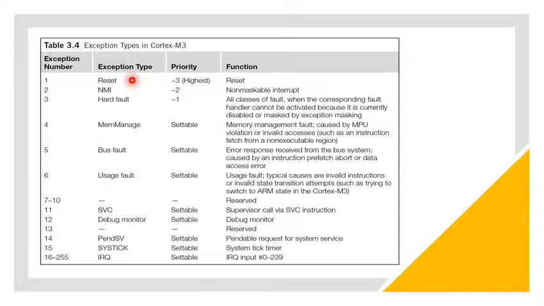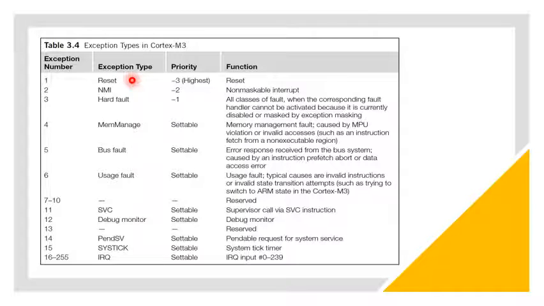In such a condition there will be a reset button, or if you press the power button continuously on the mobile, it goes for the reset option. Similarly for Cortex M3 also, on the board we have certain reset options, which you can understand in the lab.